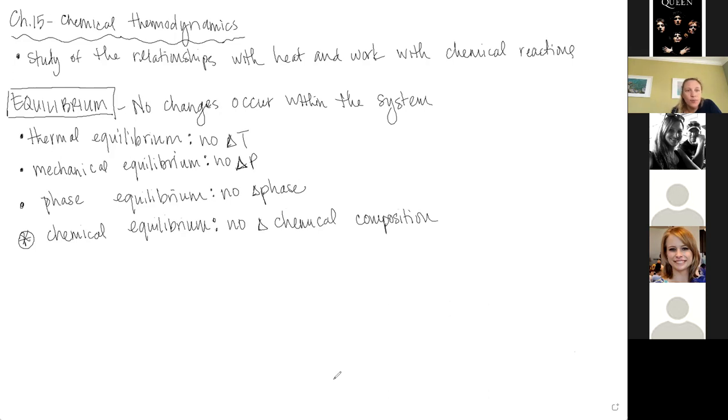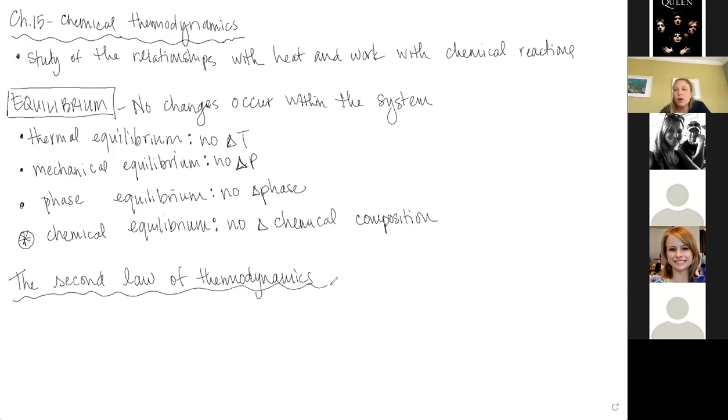All right, so we have these different conditions of equilibrium, and then we also have something that plays hand in hand with equilibrium, but in a more general sense: the second law of thermodynamics. Does anyone remember the second law? The second law of thermodynamics is saying that entropy is always increasing.